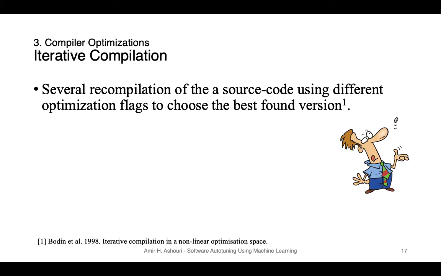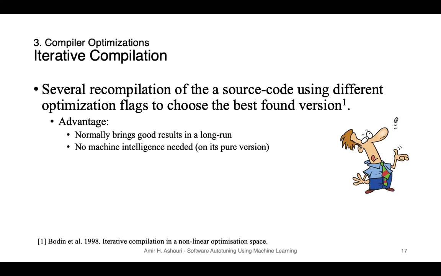It's like having someone tossing a coin for you. By each toss of the coin, you generate a new optimization vector, and you apply it to your code. And each of the codes has distinct characteristics. Definitely, it has an advantage because eventually, if you go for a long run, like 6 months, or a year, normally it's going to bring good results for you.